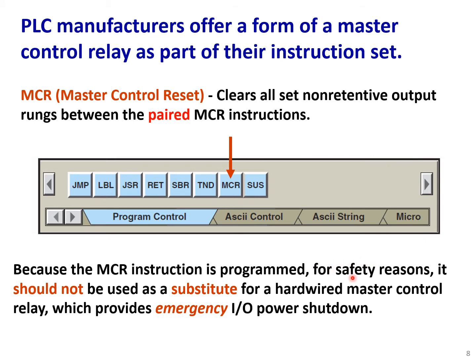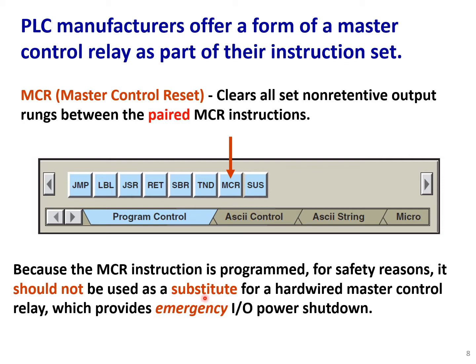But in the previous slide, we had an example of an MCR relay, and the MCR instruction should not be used as a substitution for a hardwired one. This is basically for having an extra level of safety, one from inside the program and one from outside of the program.